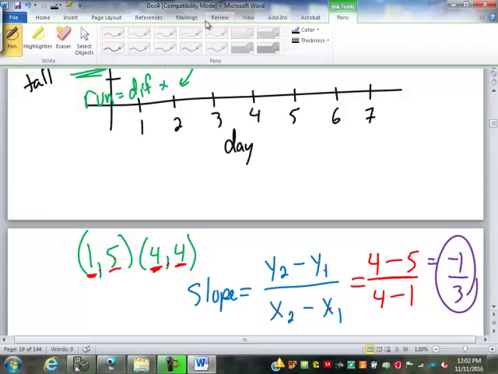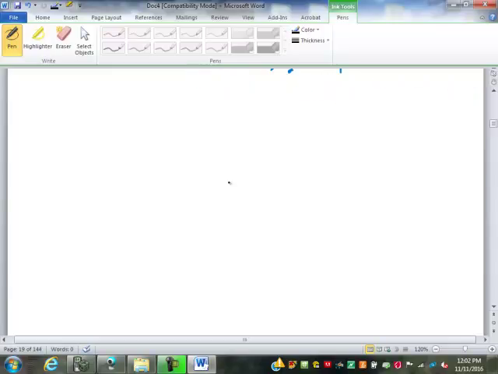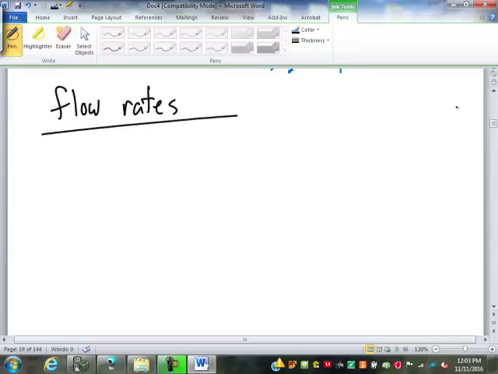In this last unit, we talked about flow rates. So let's say that you hang a bag and at 3 hours, there are 800 milliliters of fluid left in the bag.